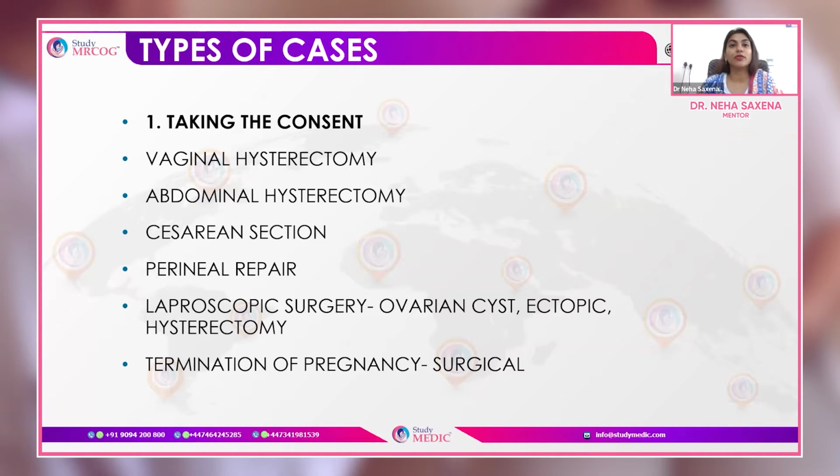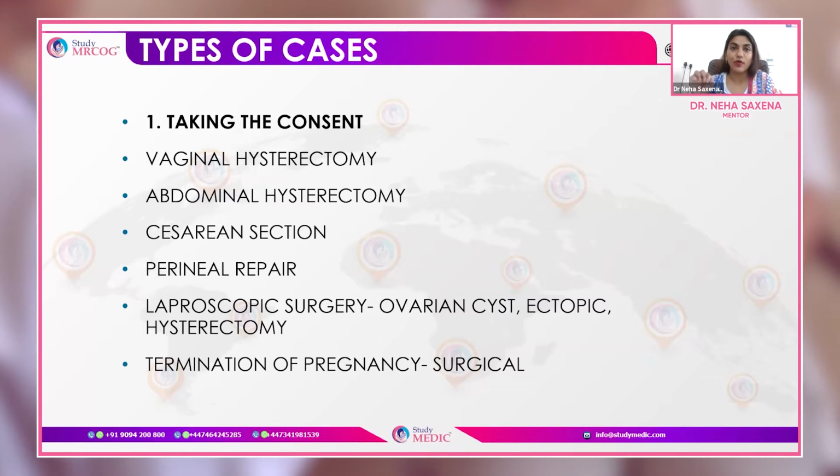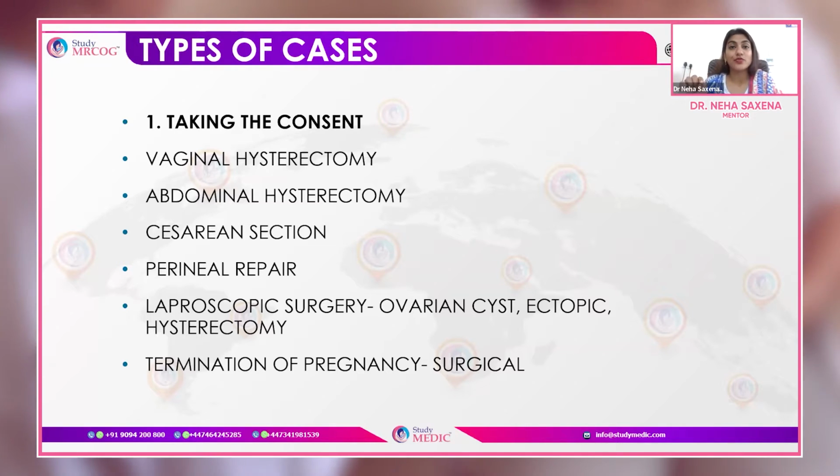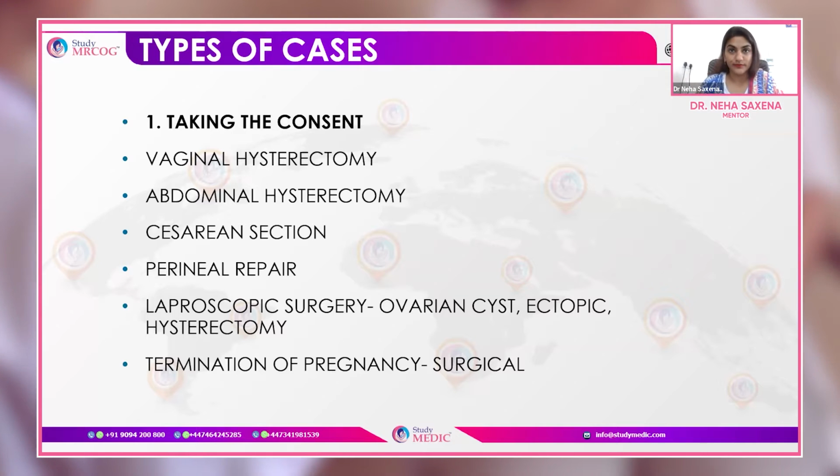You have to tell about the intended benefits of the procedure, the advantages, risks and complications, and with the help of the pencil that you will be given in the exam, you will have to fill the consent form simultaneously while the discussion is going on.